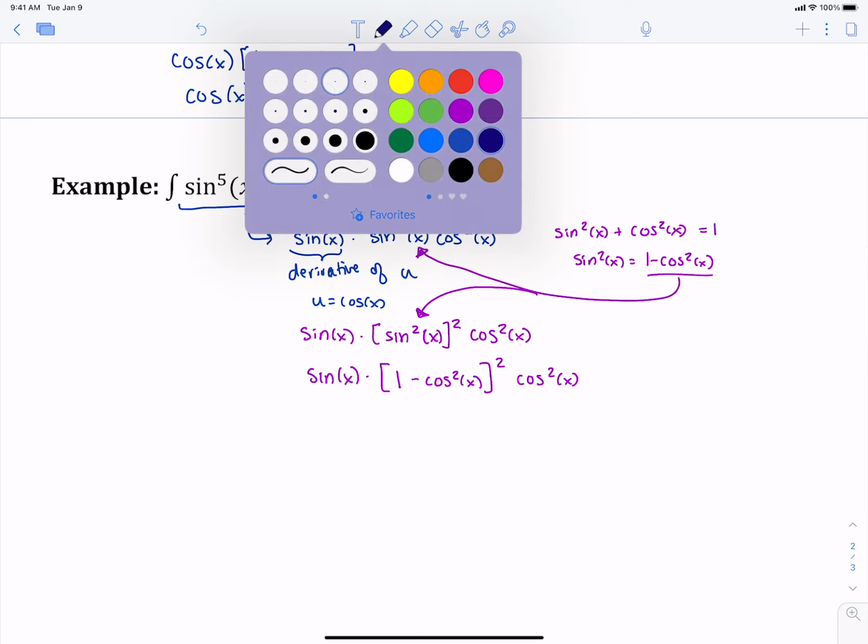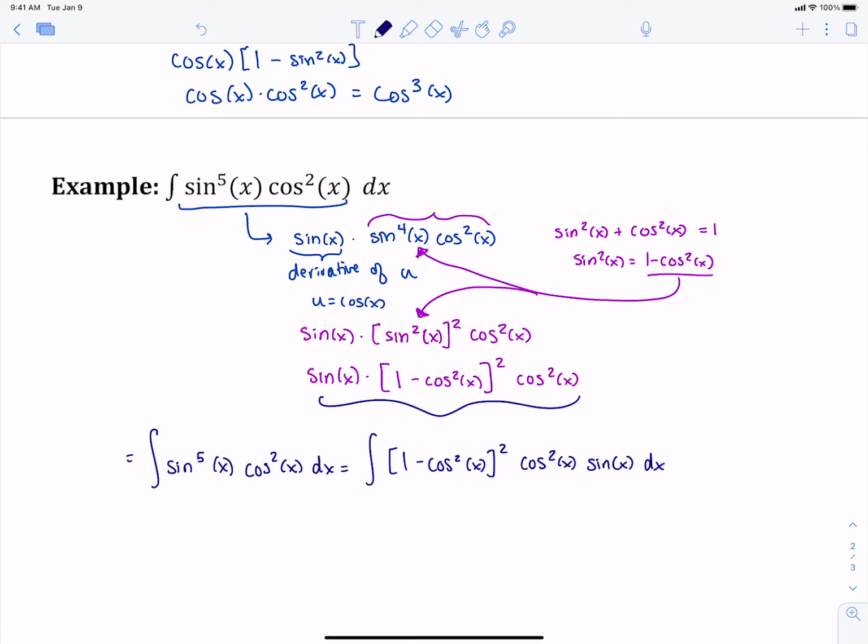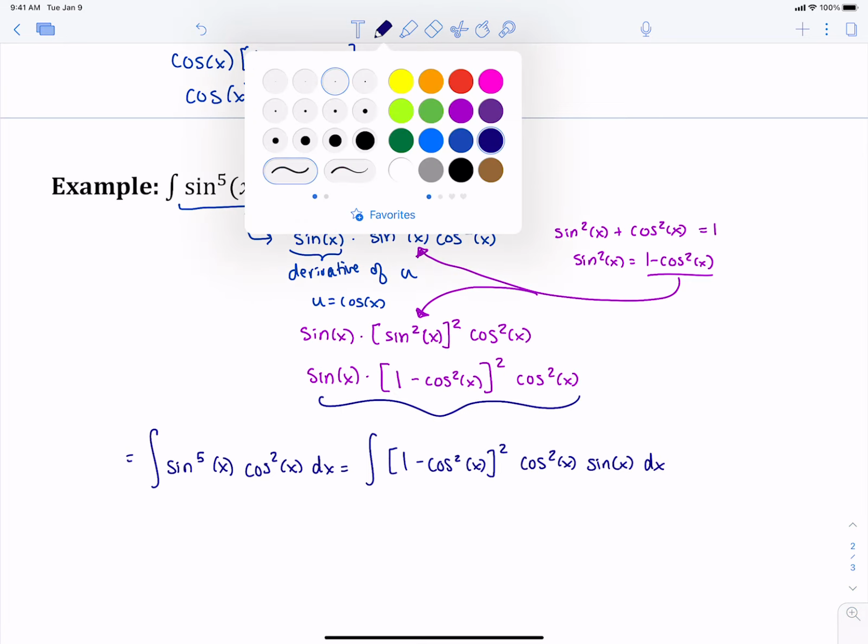So our integral is going to go from being sine to the fifth cosine squared to 1 minus cosine squared of x, squared, times cosine squared. And then I'm going to put that sine of x right at the end. Again, we can reorder these any way that we want because they're just being multiplied.